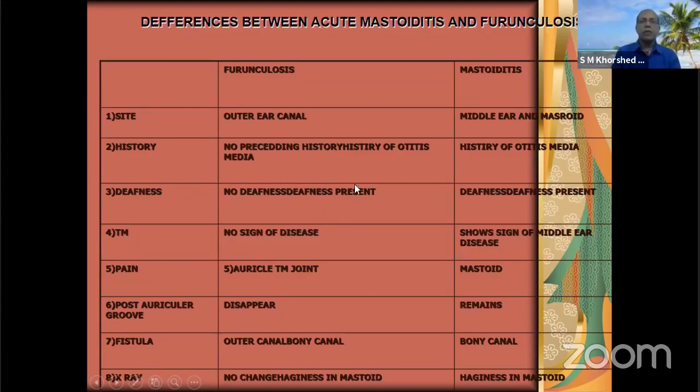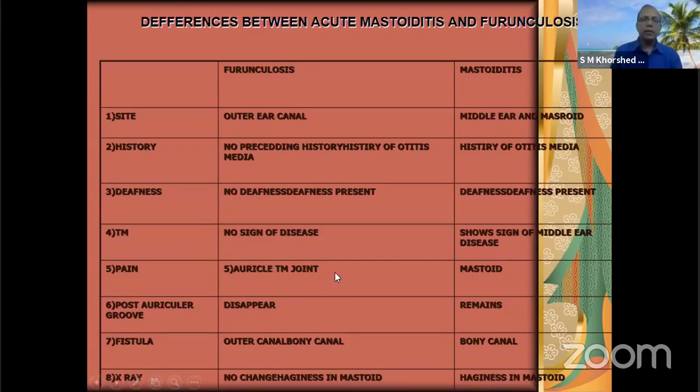Deafness is not present in furunculosis, except when the furuncle fills the external ear canal and blocks it. The deafness is always present in mastoiditis. Tympanic membrane: there is no disease in the tympanic membrane in furunculosis; it seems normal, and in mastoiditis there is some reflection of the middle ear disease.